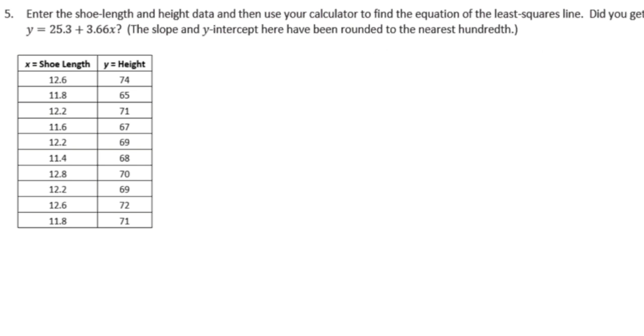Now we were given two options with our data set. So we want to enter this into our calculator now and find the equation of the least squares line, and to see if what we did with our given two options really is the best fit. So based on our data, again, we have to remember the slope and the y-intercept for our equation was rounded to the nearest hundredth.